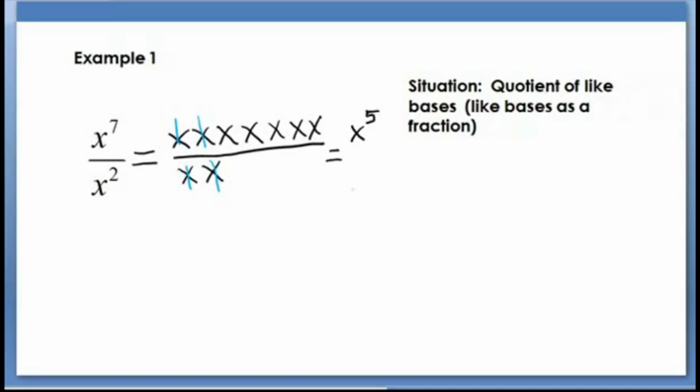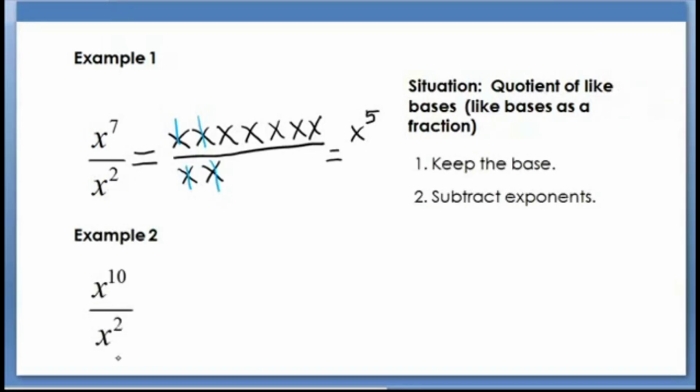You don't have to show a 1 in the denominator. So what could we do just with the 7 and 2 to get the 5? We subtract. So dividing these factors out, we can subtract them off, or subtract the exponents.